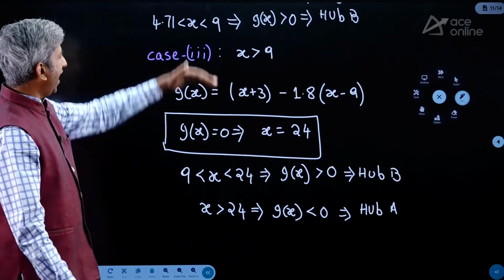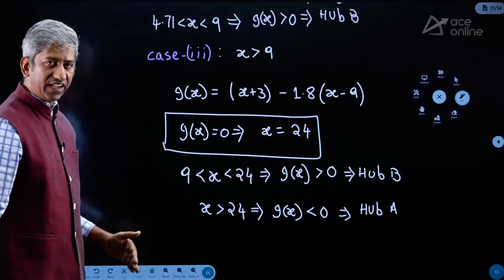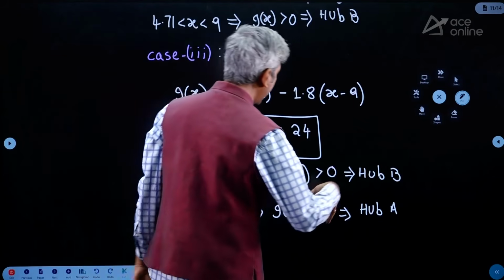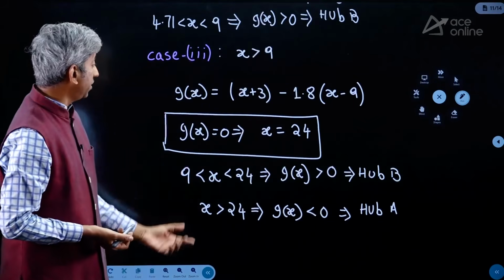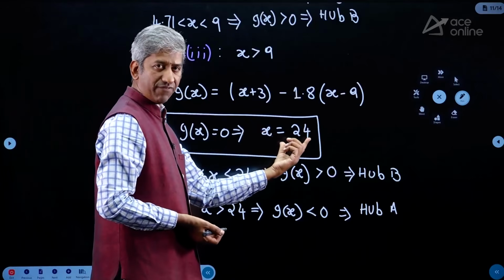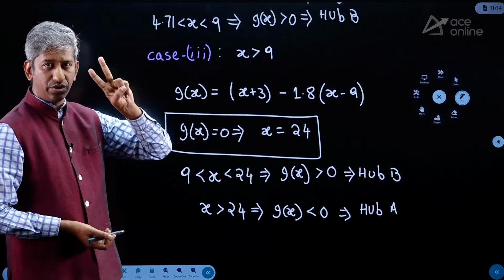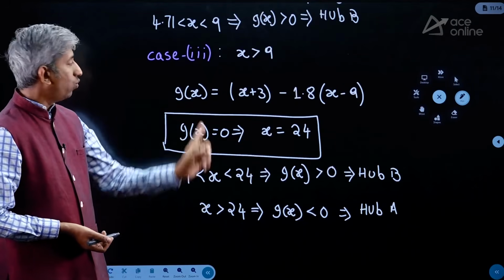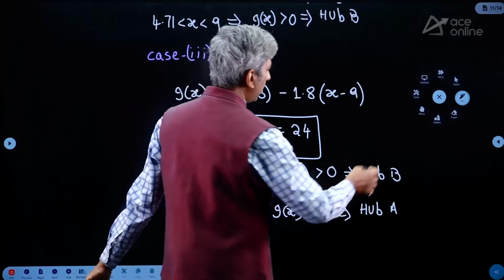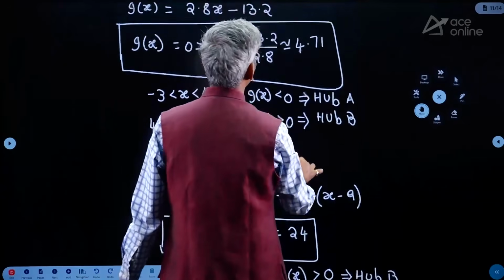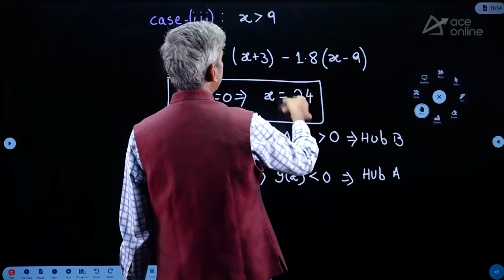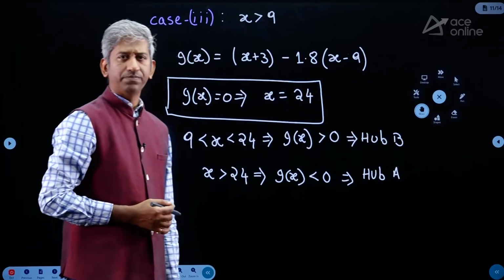So now consider all three cases and ask how many thresholds we have. The thresholds always belong to g of x equal to 0. You have two thresholds: one at 4.71, and another threshold at 24.